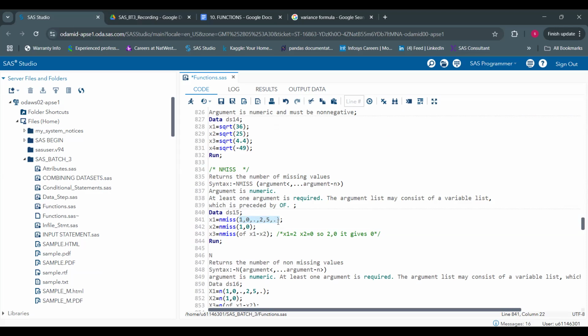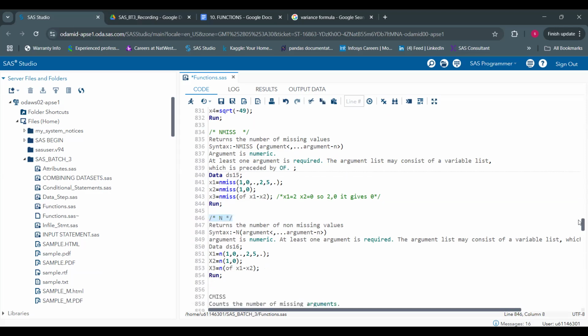So n miss will give you the number of missing values, how many numbers are missing. N will give you the number of non-missing values in the argument.